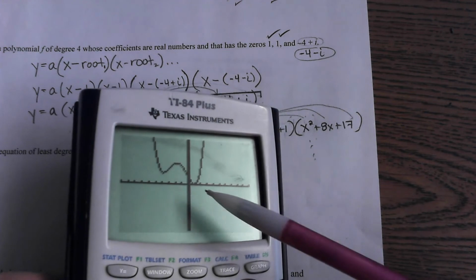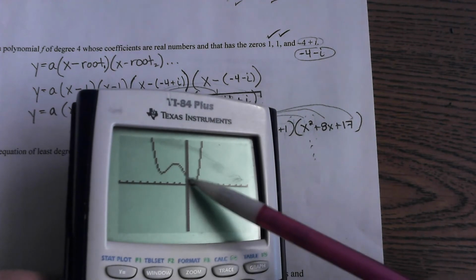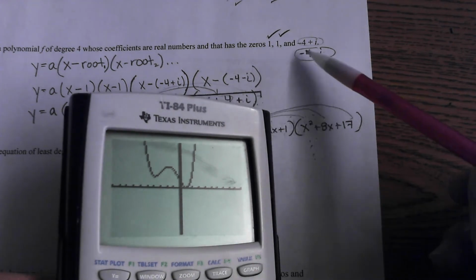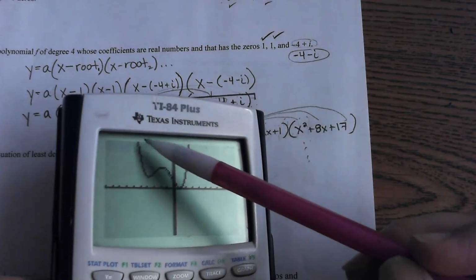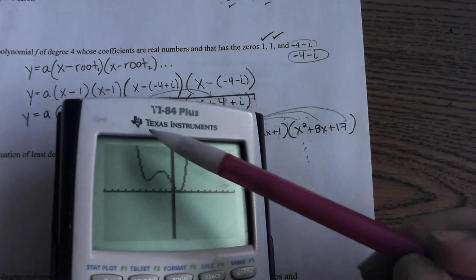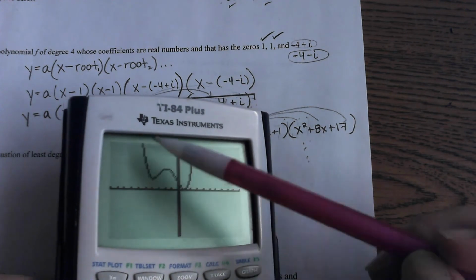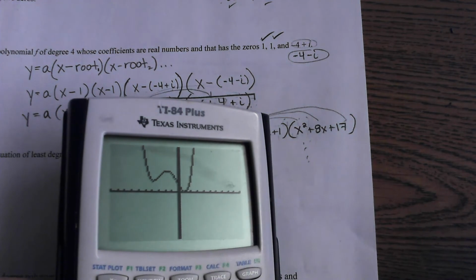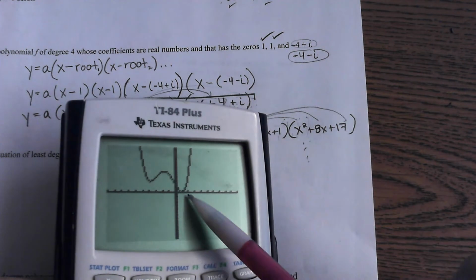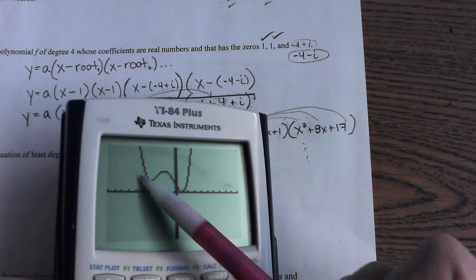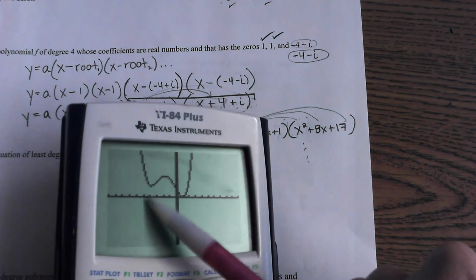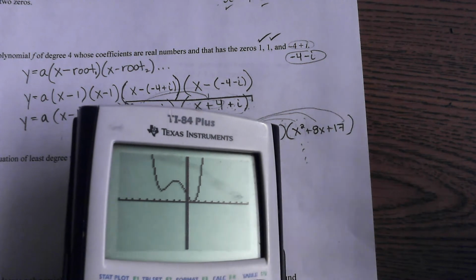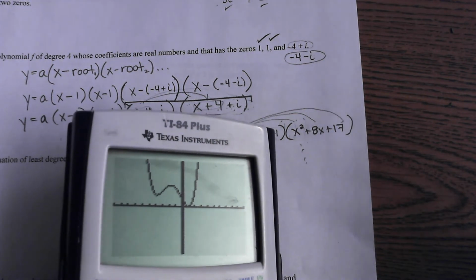And then you can see your double root, the bounce, at 1, so that accounts for that. The imaginary roots present themselves as a fluctuation someplace else on the graph, but not enough to hit the x-axis to make a real root. Does that make sense? So here's our double root, and then this little squiggle section over here that doesn't create another real root, but that's where your imaginary roots are kind of showing up. Does that make sense? Okay.